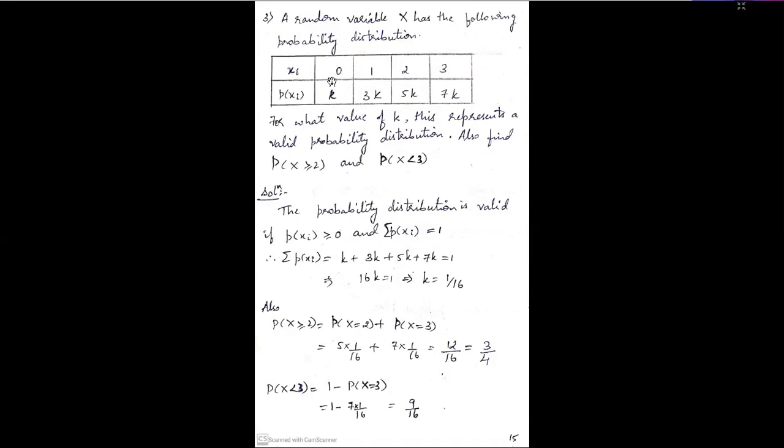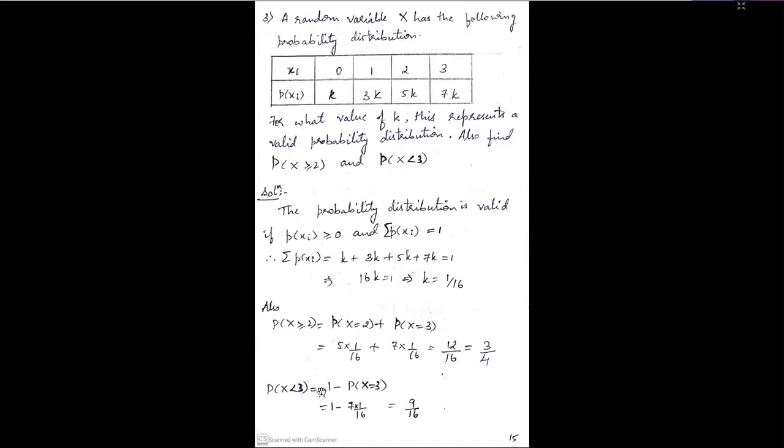So finding p of x less than 3 for x equal to 0, plus x equal to 1, plus x equal to 2, you can as well do it as 1 minus p of x is equal to 3. The reason is when you add all these, you will get 1. Hence, 0 plus 1 plus 2 is the same as 1 minus p of x is equal to 3. You can do it in both ways, no problem at all with that.